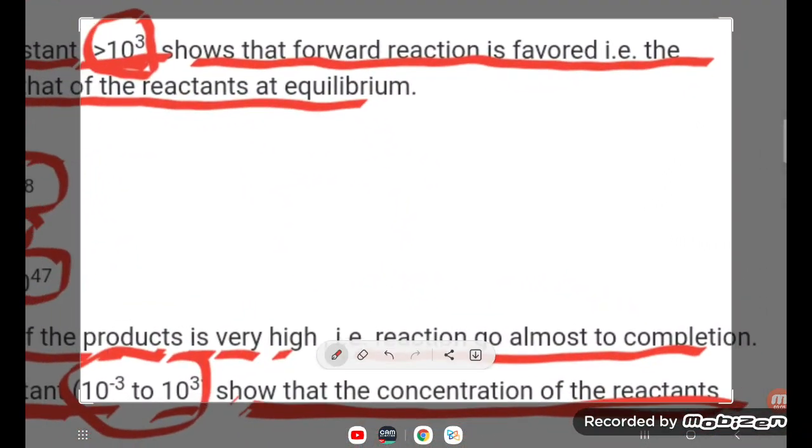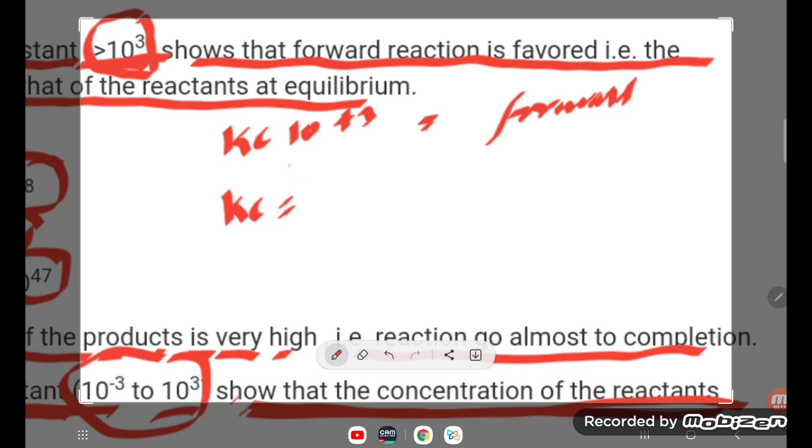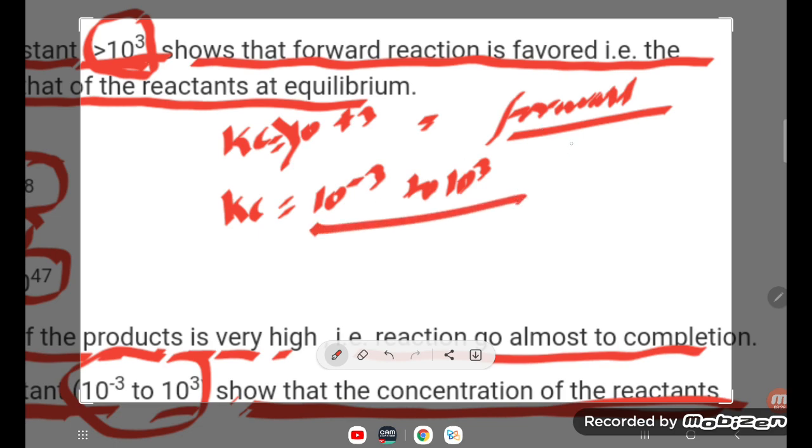Moreover, you need to know that if the Kc value is 10^3 or more, it is going to favor the forward reaction. But if the Kc value is between 10^-3 and 10^3, both have comparable concentrations, that is the equilibrium condition.